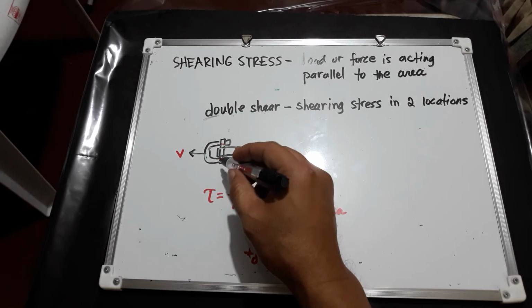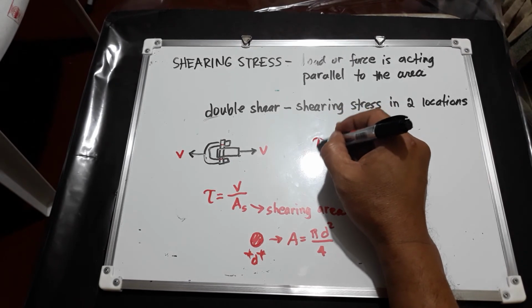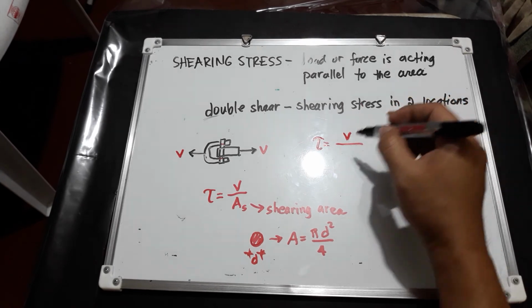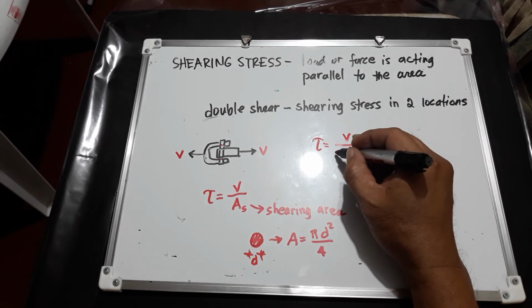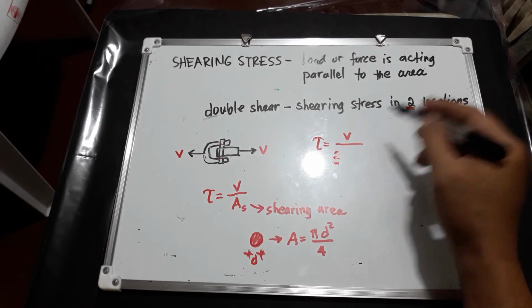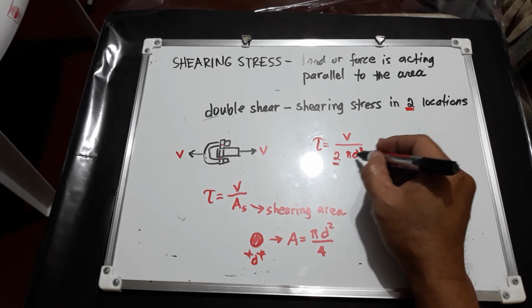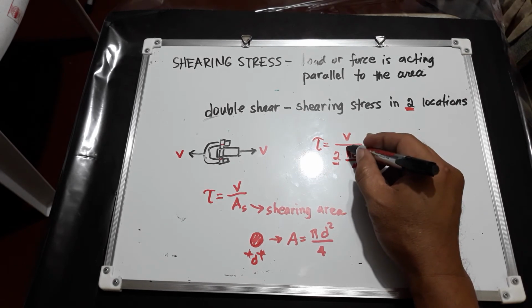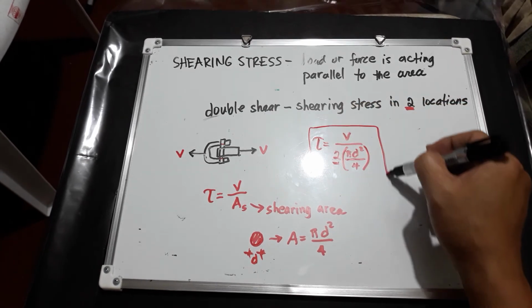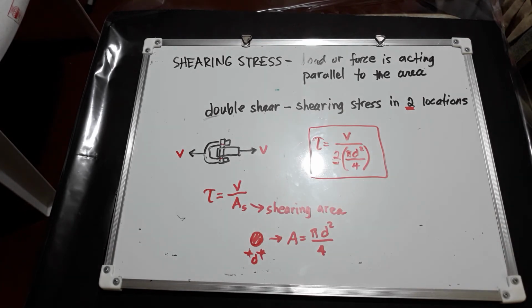So if we are going to solve for the shearing stress, that will be V over 2, because 2 here refers to double shear, times the area, pi d squared over 4. So that will be the equation to compute for the shearing stress in the bolt.